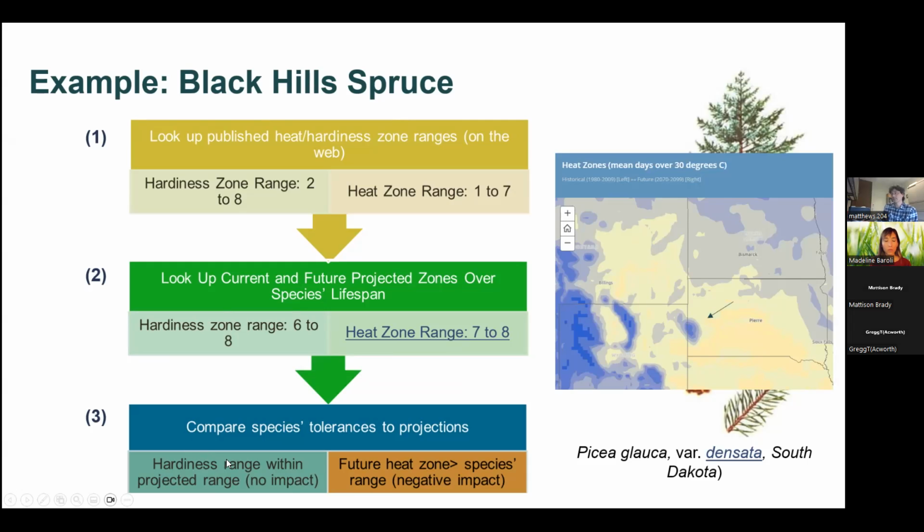We'd expect little impact on the hardiness zones and the minimum temperature dimension for the species, but certainly a larger potential negative impact in terms of the warmer summer temperatures. So the number of days above a certain value becomes a tool that can be used to start to think about those components.